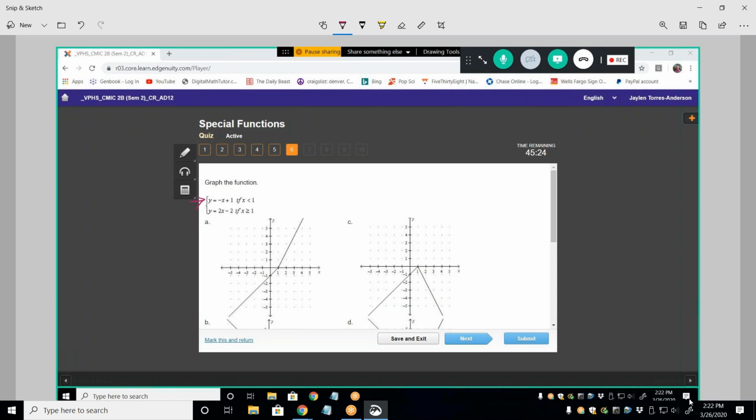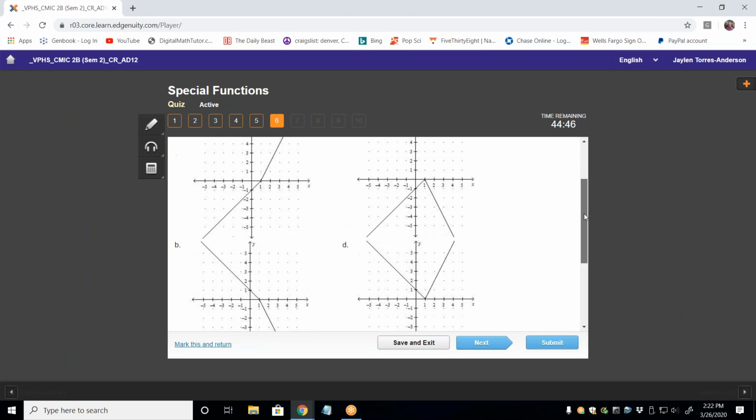Yes, correct. So that tells me that C is not correct because y is negative 1. A is not correct because that's negative 1. All we have to do is find one of these things.